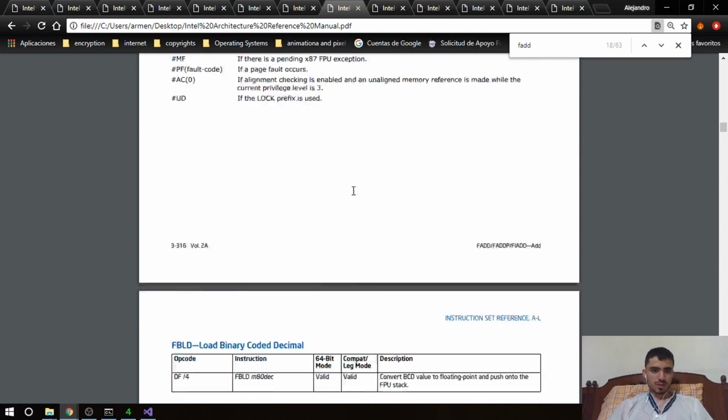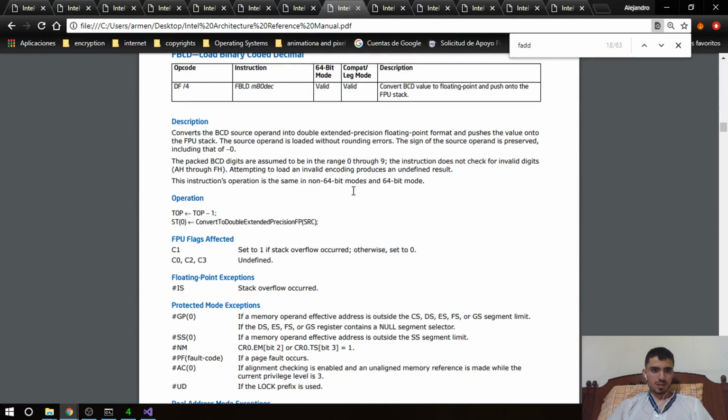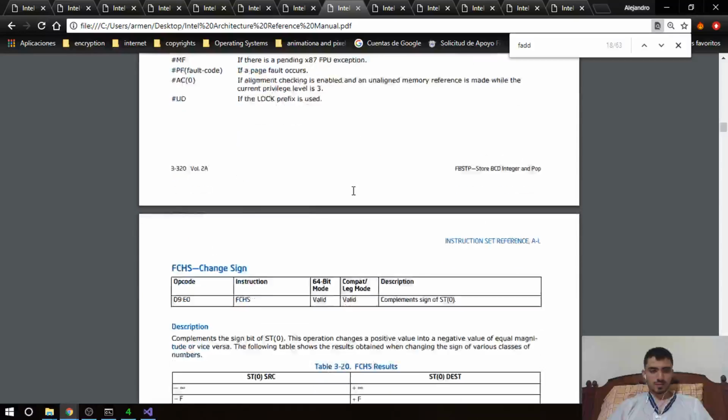Let's try to find the FUCOM. It should be through here.